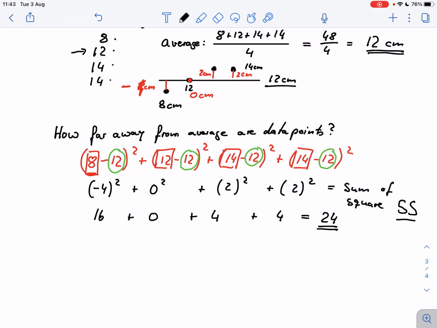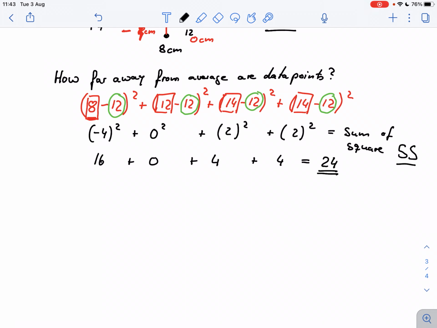And what is the variance now? Well, for the variance, we say, on average, how far away from the average are the data points located.